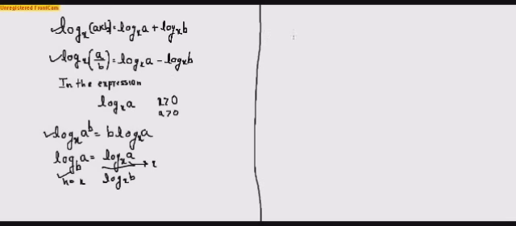It will become more clear as I solve the following problem. Log base 4 16 is what we are trying to calculate. This shall be equal to log 16 by log 4, and we can introduce a base of our choice.